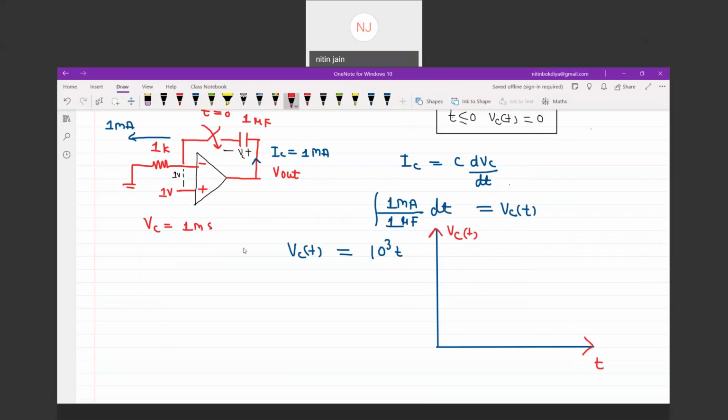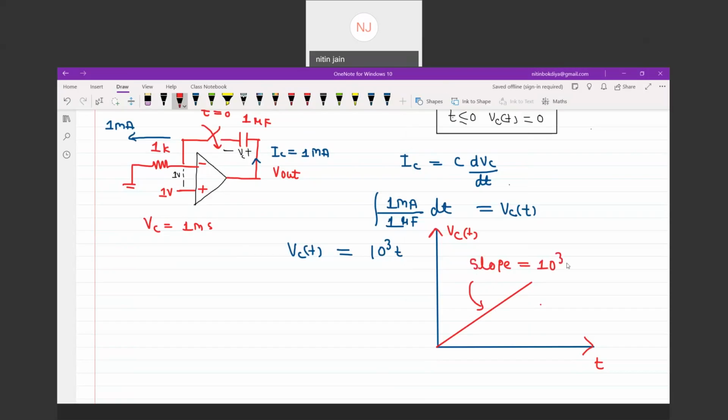So this is one straight line passing through the origin. And what is the slope of this line? The slope of this line is 10 raised to the power 3.